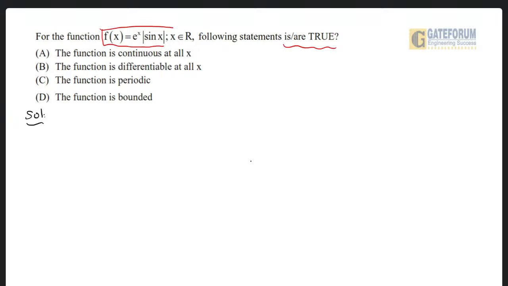Okay. Now, again, this is also a statement-oriented question. We know that e power x is neither periodic nor bounded.